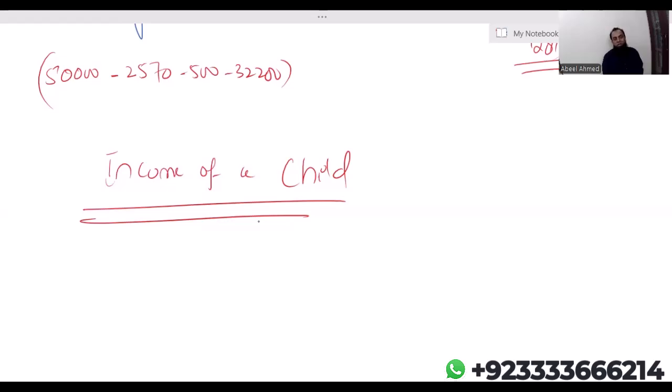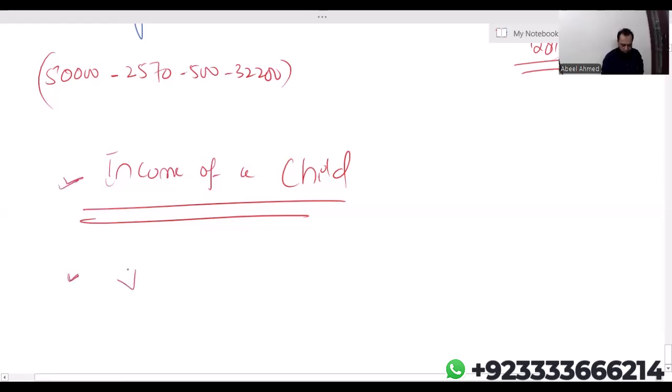If the interest income is more than 100 pounds, then we will say that this income belongs to the parent who has given the gift. If income is 100 pounds or less, then obviously it is for the child, no need to pay tax because it is less than the personal allowance. But the rule says if income is more than 100 pounds, then that income belongs to the parent who has given the gift. We'll discuss this income of a child through an example.